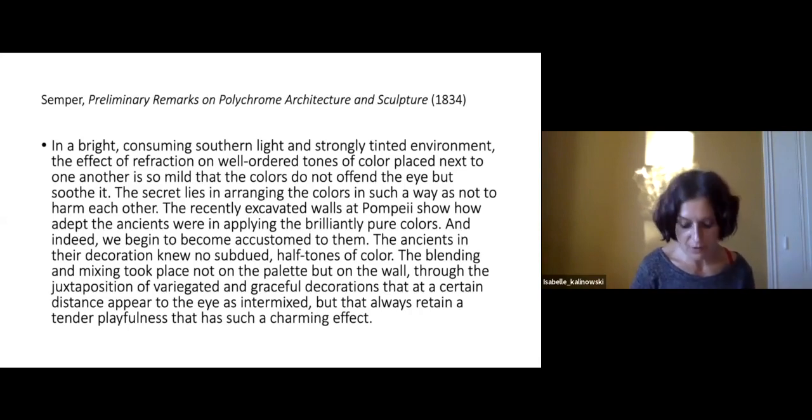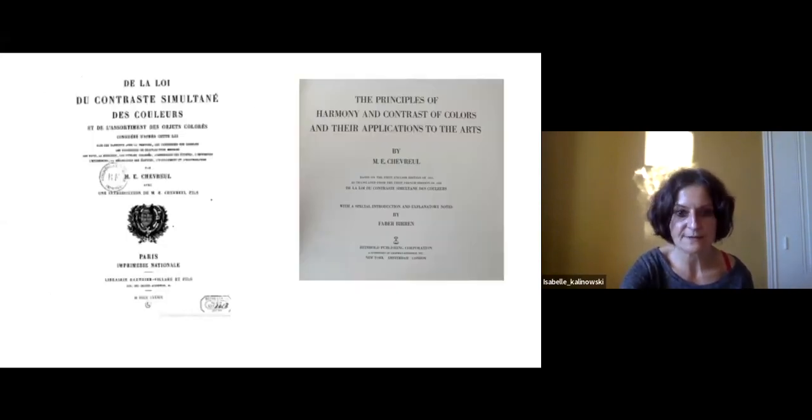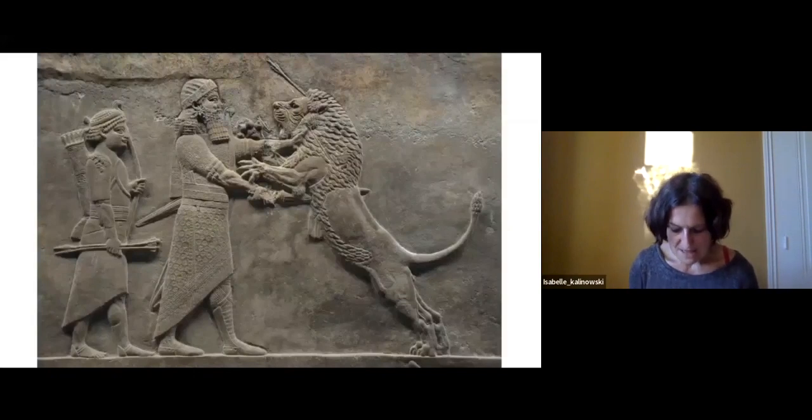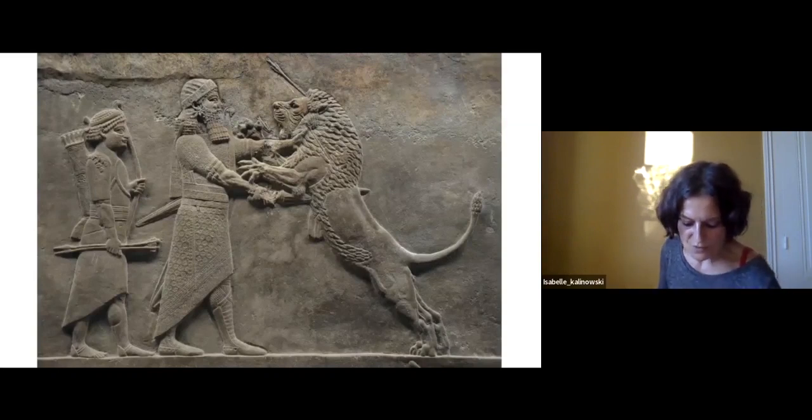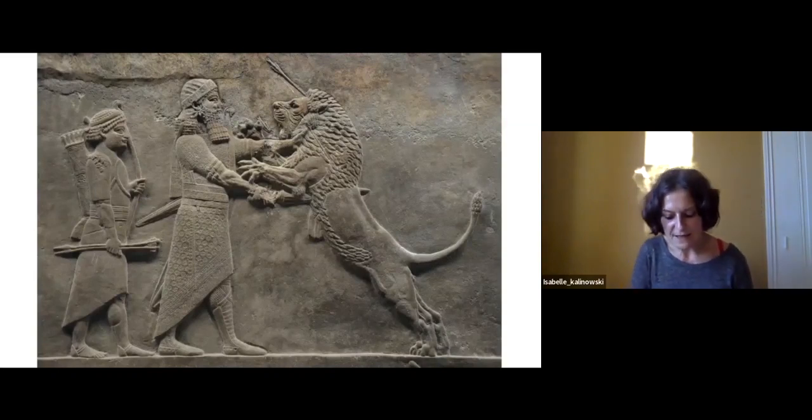Parts of their decor arrived at the Musée du Louvre and at the British Museum precisely during Semper's stay in Paris and London, and he was among the first Europeans to be able to see them at the end of this decade. He was fascinated by the clothes of the Assyrian kings on the stone reliefs, especially their embroidered coats.